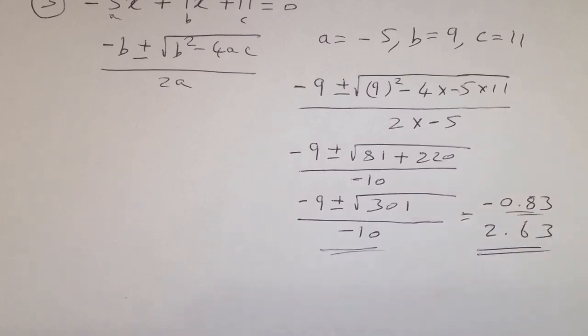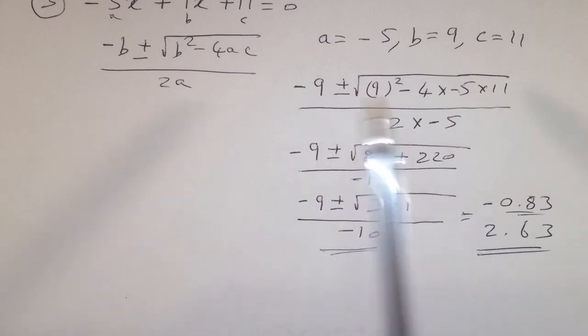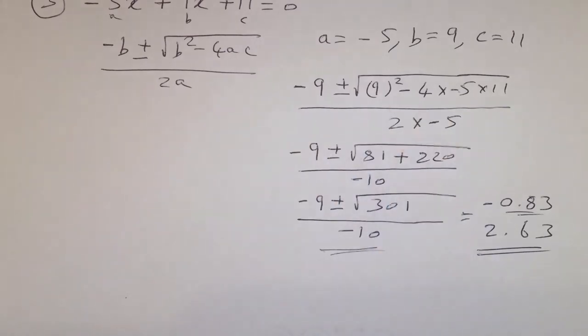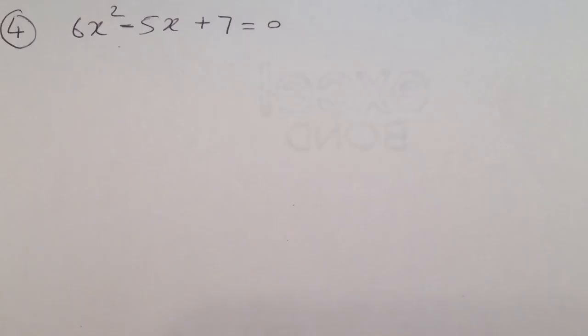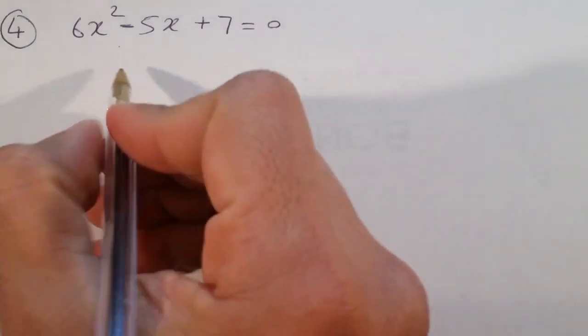So if it's a calculator, use any of these to put on that. Non-calculator, carry on, leave in the third form. Let's move on to the last one now. This is the fourth and final question. 6x squared minus 5x plus 7 equals 0. So start our thing.